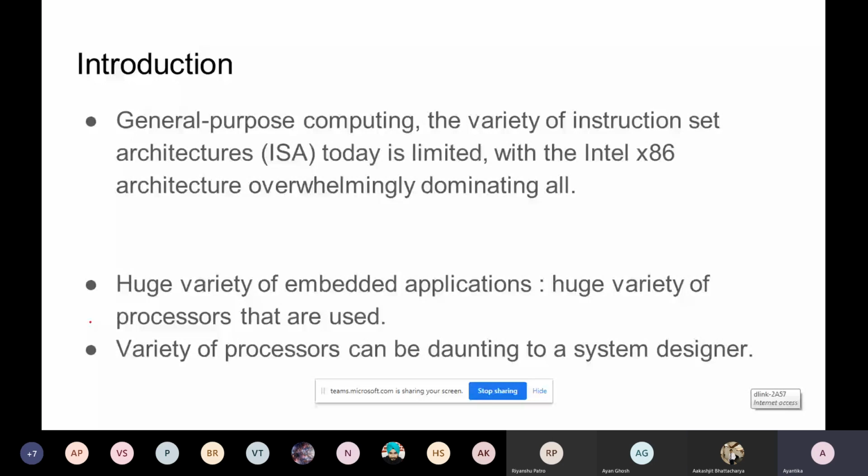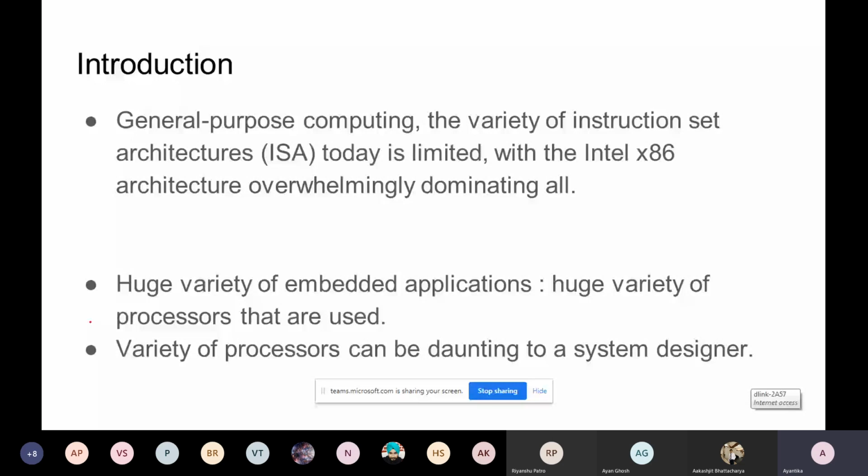So how can we map our requirement to existing processors? For that, we understand that for embedded scenarios, we do not typically use general purpose processing, right?